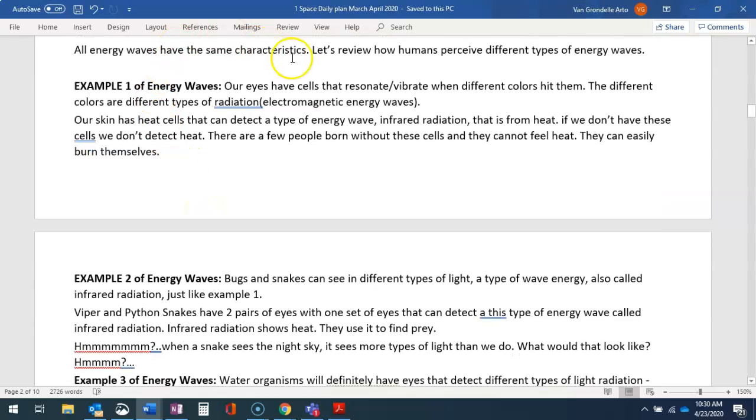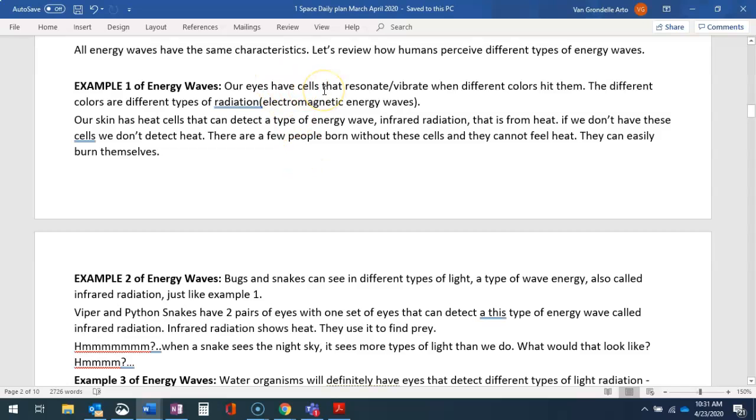All energy waves have the same characteristics, so we're not going to worry about that technical aspect so much. We'll just look at these different types of energy waves to get a sense of what's going on, that these instruments in space are detecting a type of energy wave that we cannot see with our eyes.